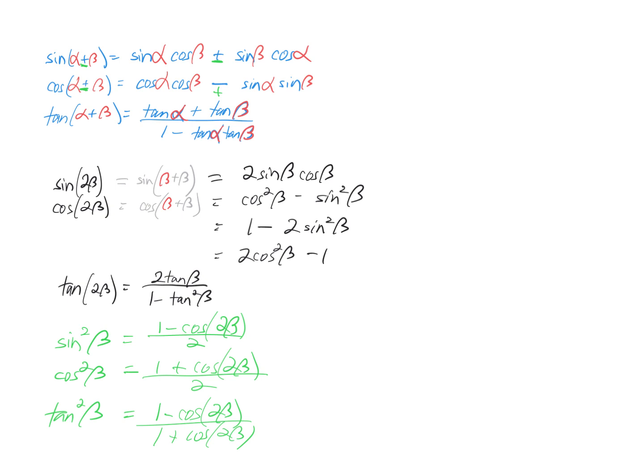Alright, now for the AP Calculus BC curriculum, the identities that you absolutely must memorize are the power reducing identities for sine squared and cosine squared. And I would also memorize this one.